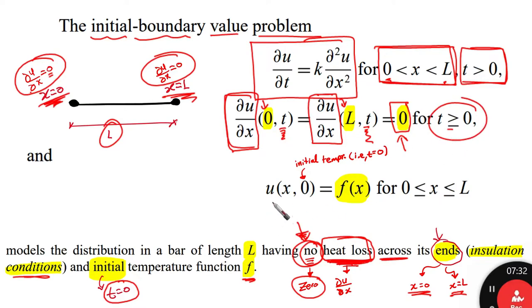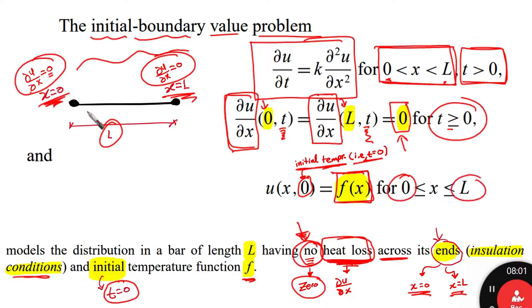Okay, so now for u of x and 0, which is the initial temperature, we said that the initial temperature distribution at t equal to 0 is going to be a function f of x. We are going to have a function something like this, starting from 0 to L. This is our function.